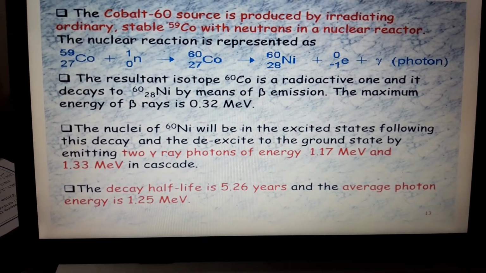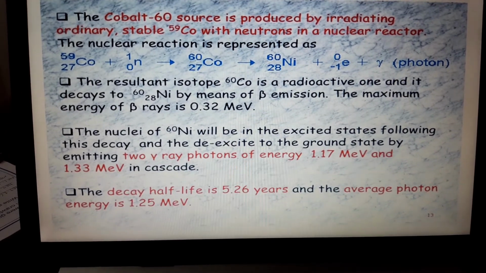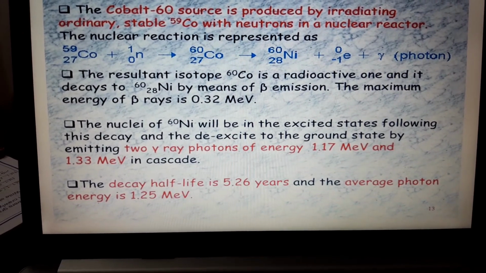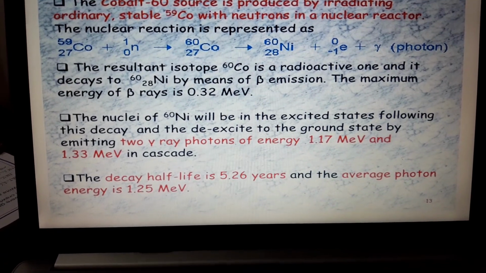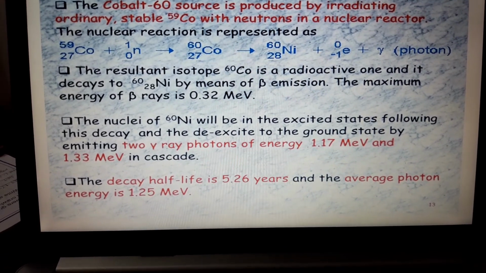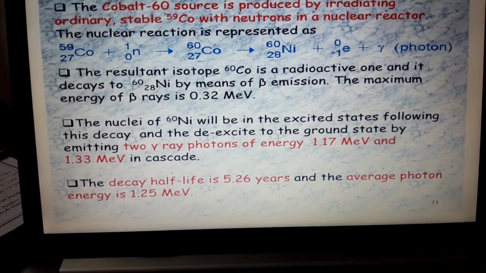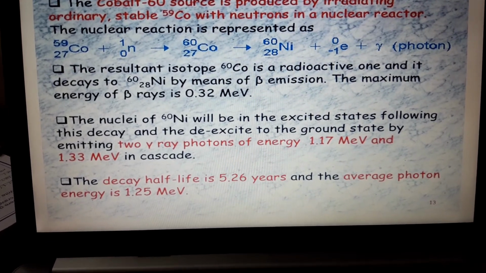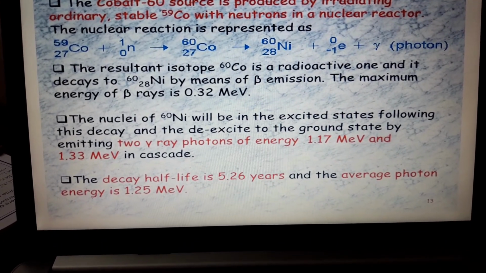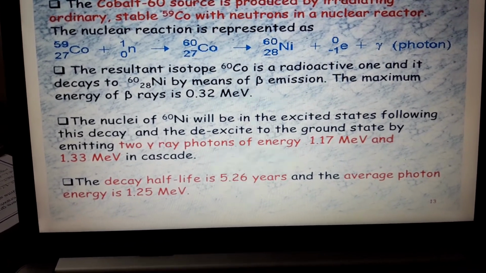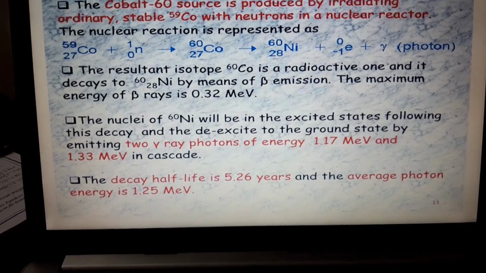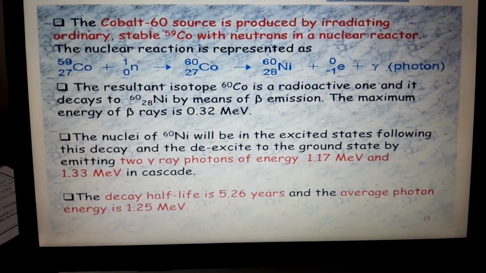The nuclear reaction is represented as cobalt 59 (27) plus neutron to cobalt 60 (27), that is excited and radioactive material, and is decayed by beta decay to nickel 60 (28), and we get gamma ray.